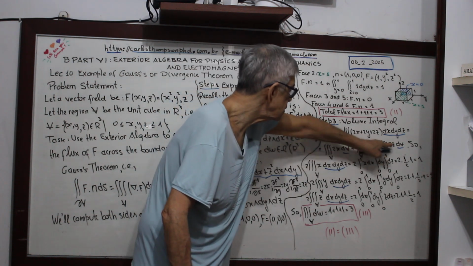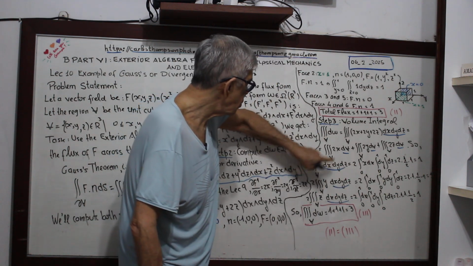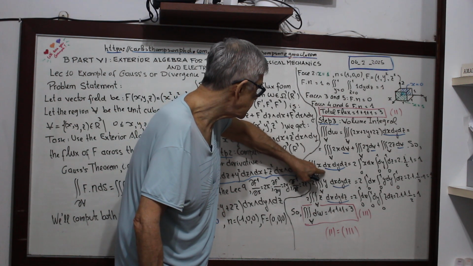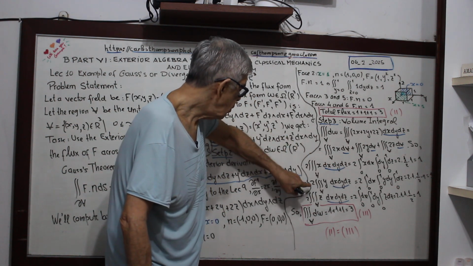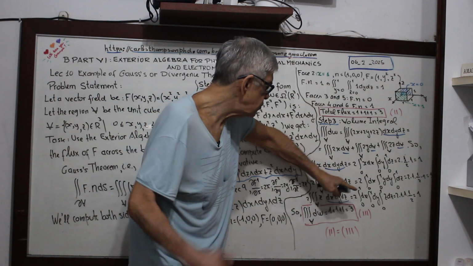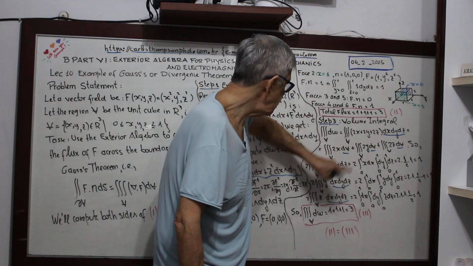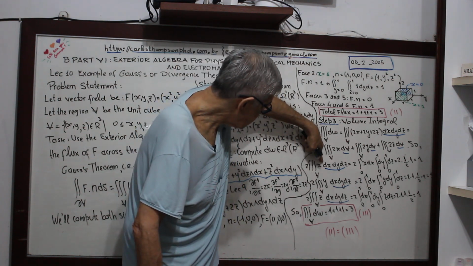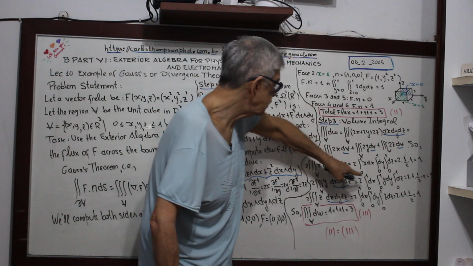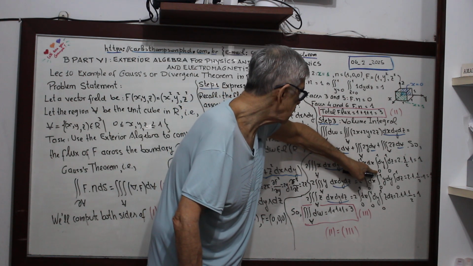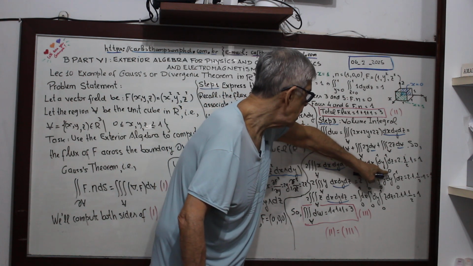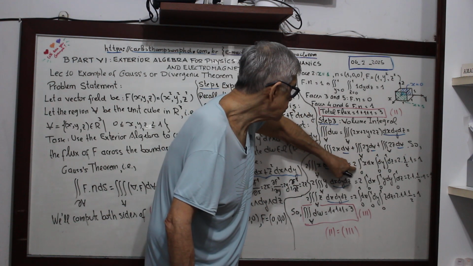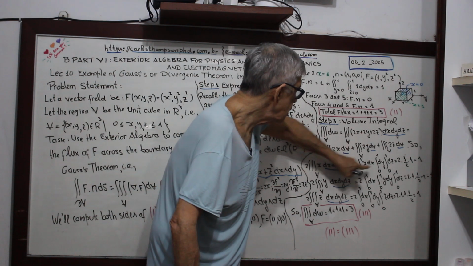Let's go to the first one: I have 2 times the integral of x dV. You just expand this: integral of x dx from 0 to 1, integral of dy from 0 to 1, integral of dz from 0 to 1.